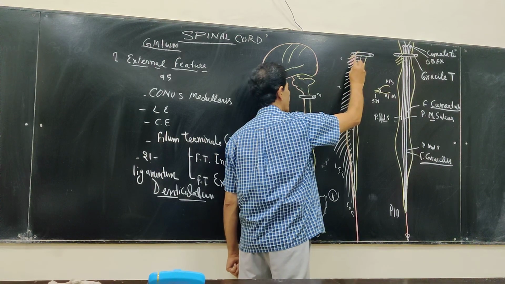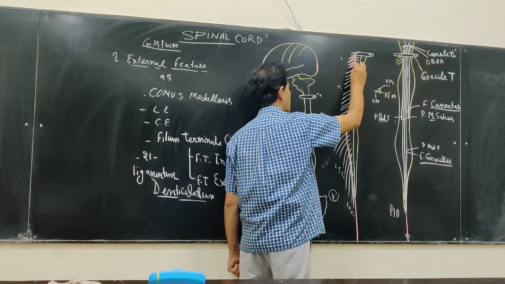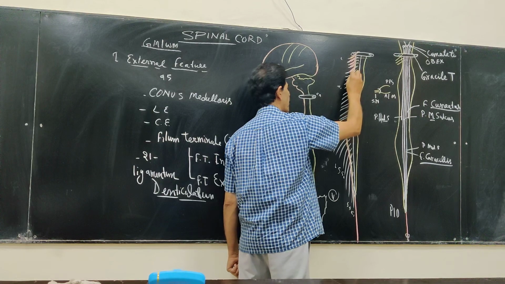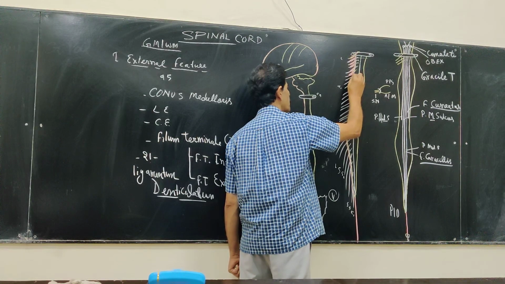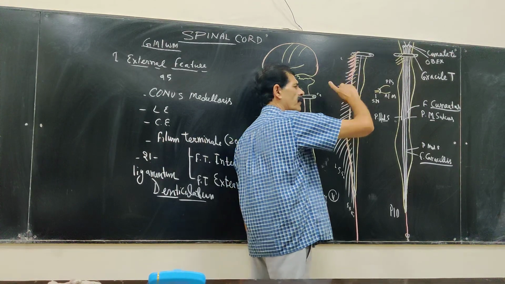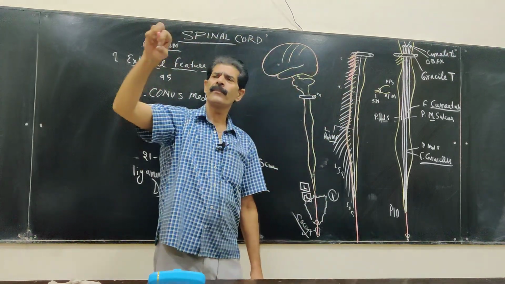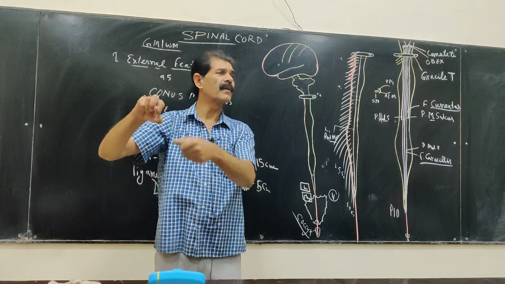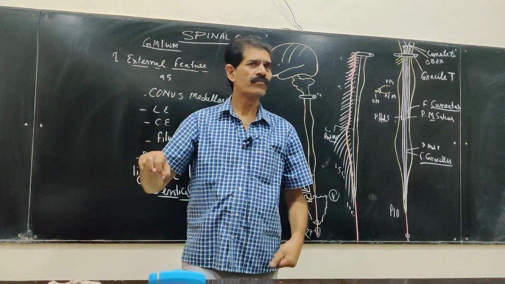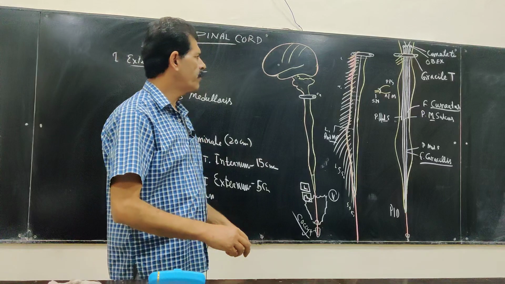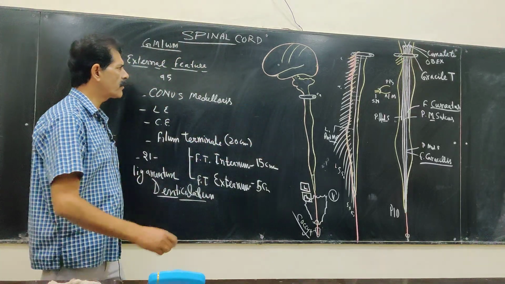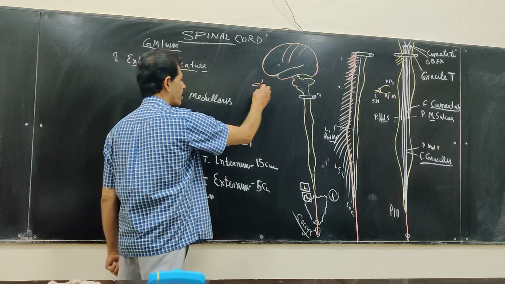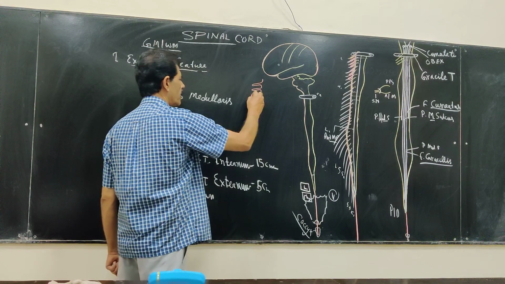But ultimately, these tooth-like extensions of the pia mater of the 21 pairs will end and fuse with the bones of the intervertebral foramen. So, if we remove the spinal nerves, then we see only the pia mater extensions of the upper 21.